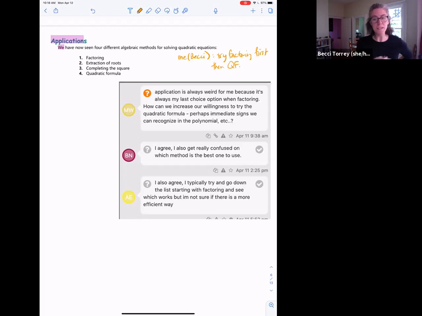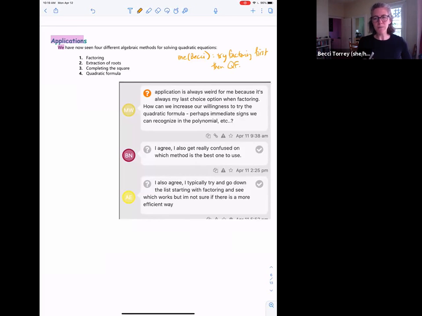But if you prefer completing the square, you can do that, whatever you want to do. You can jump straight to the quadratic formula. I find factoring, if you can do it, is easier. And also the quadratic formula can be a little bit tricky to go back to the factored version, particularly if you have fractions.